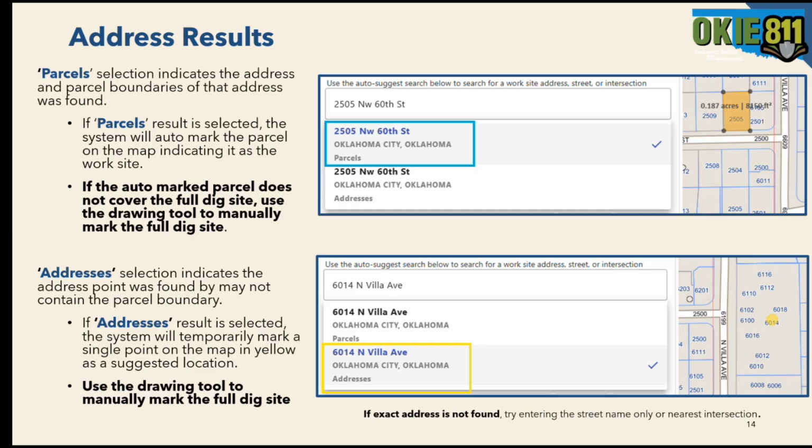If you use that selection, it will temporarily mark a single point on the map in yellow as a suggested location, but you'll need to go in and mark the dig site with the drawing tools. And using the auto suggest search tool, if an exact address is not found that you enter, you can try entering just the street name only or the nearest intersection to help you navigate to that area, especially if you're familiar with the area and you know where the location is.